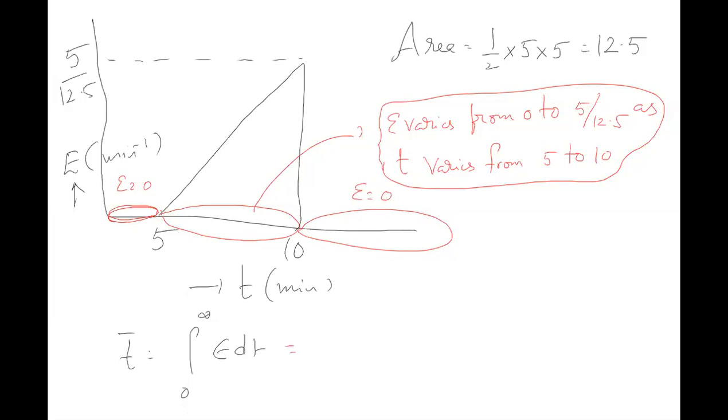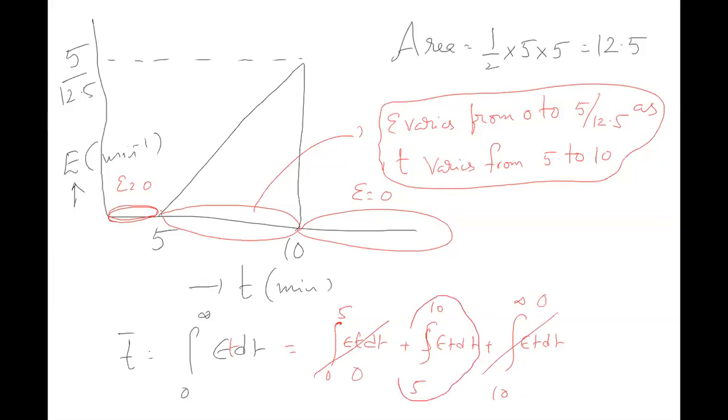So how does this integral look? 0 to 5 E t dt plus 5 to 10 E t dt plus 10 to infinity E t dt. This will be 0. This will also be 0. What is 5 to 10 E t dt?